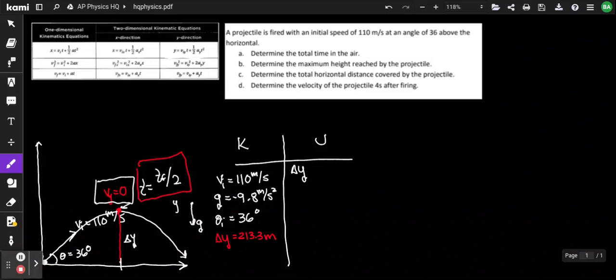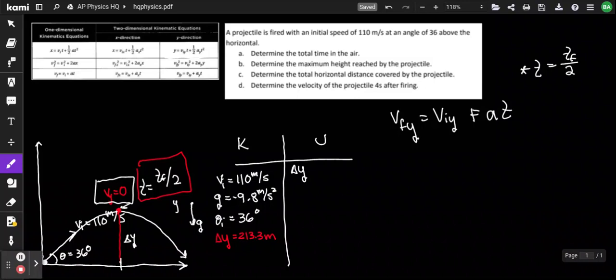So, using the equation V final y equals V initial y plus a times t, we can isolate time. And our time is going to be time final divided by 2. Or in time final, I mean the total time in the air.